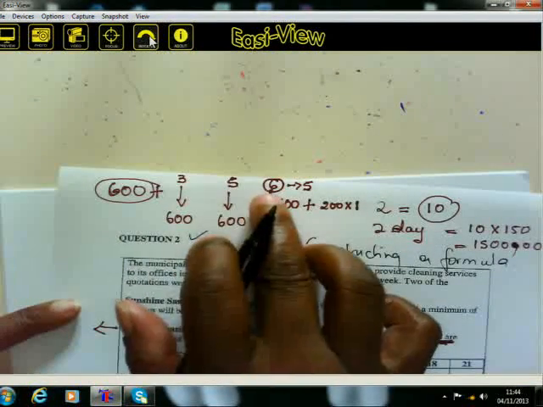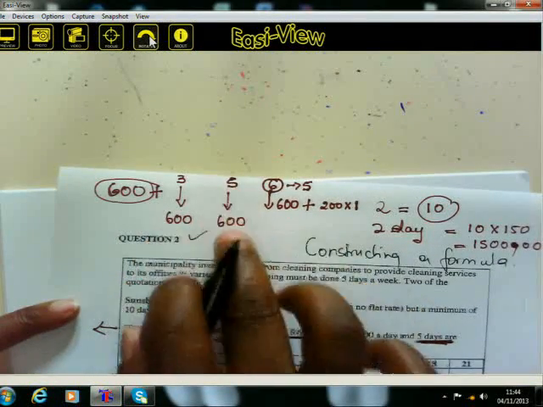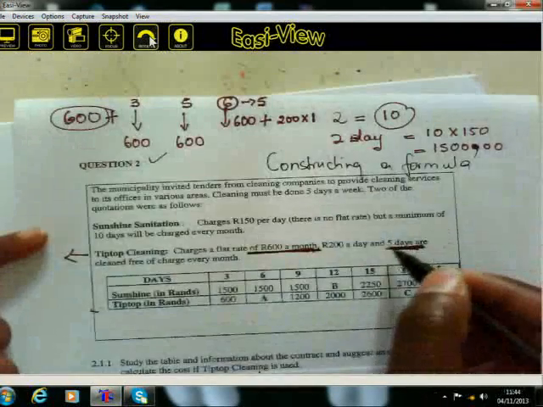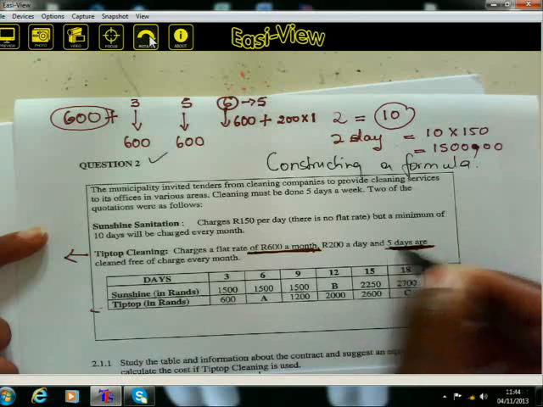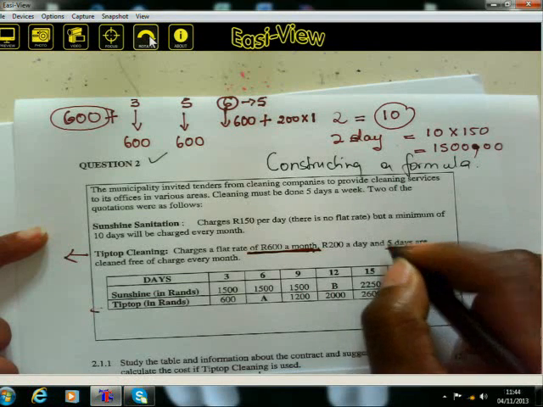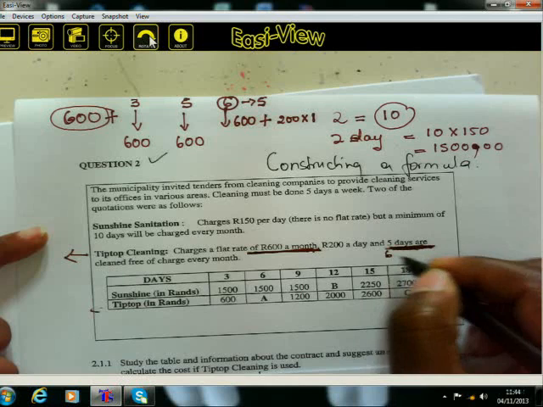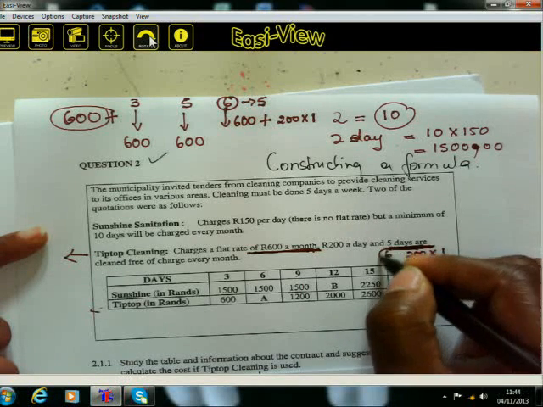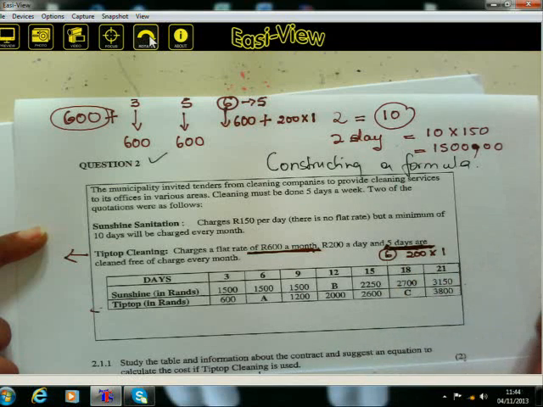We said if it's 5 days, they only pay 600 rand, because in the information they are saying 5 days are free. Now if they work, let's say, for 6 days, we said it will only be 200 multiplied by 1, because from these 6, 5 days are not charged.